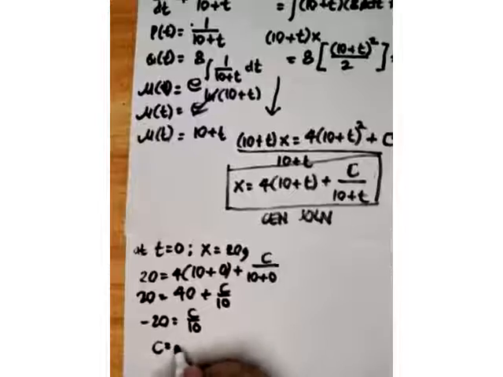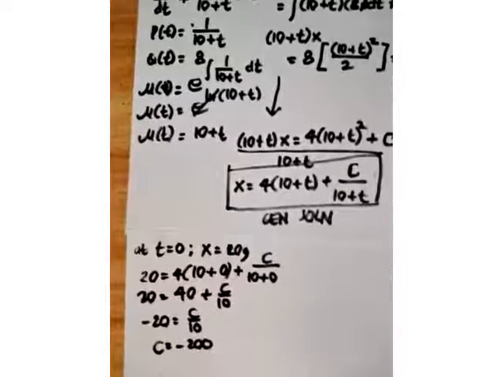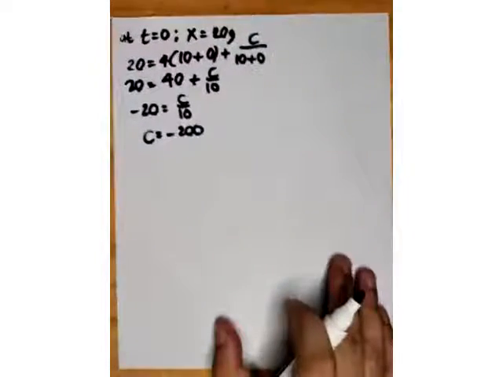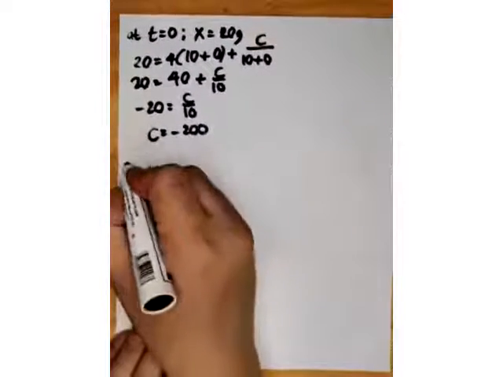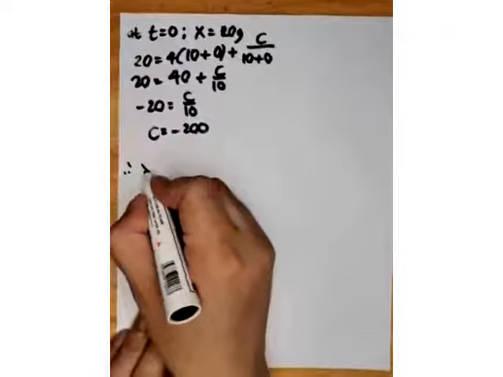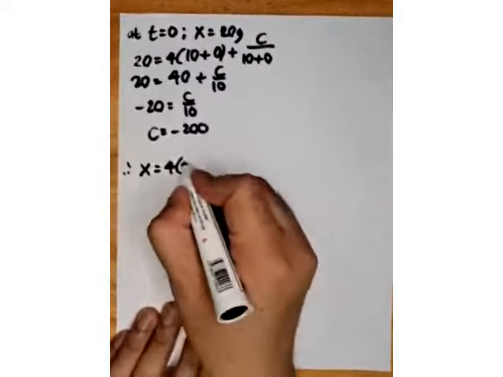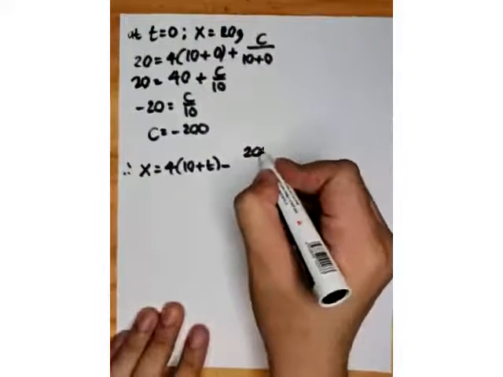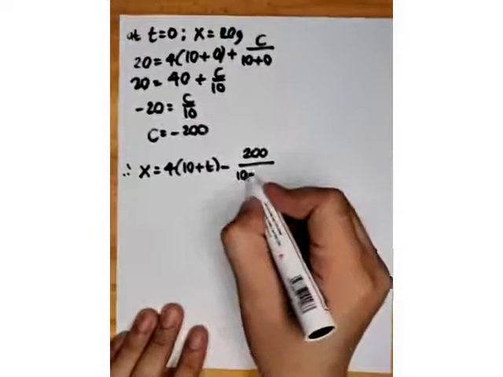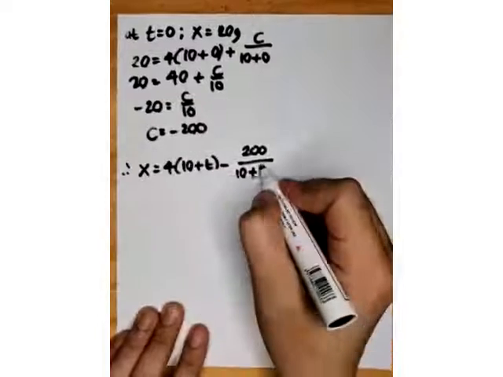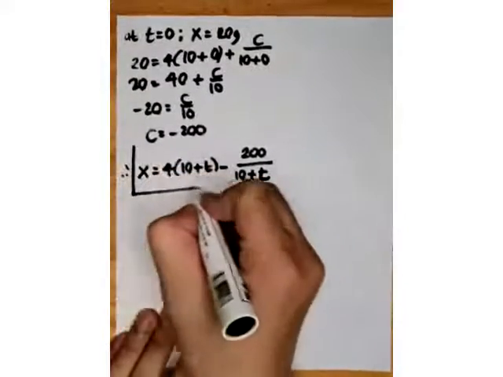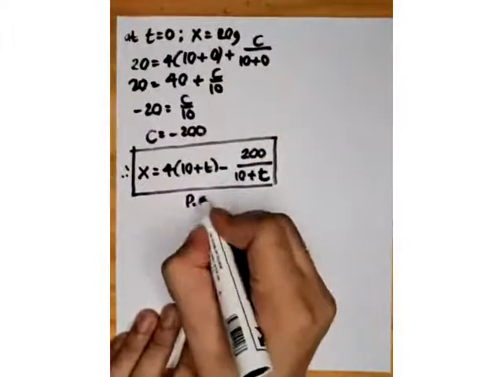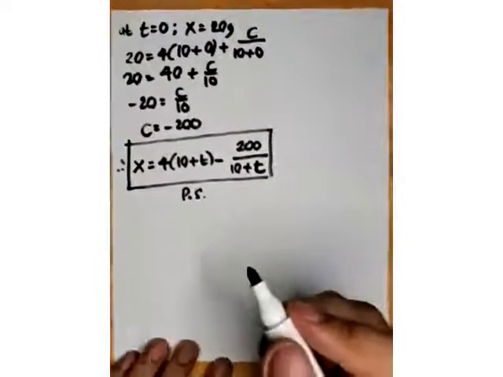So c is negative 200. Ayan. C is negative 200. So therefore, our equation is x is equal to 4 times 10 plus t minus 200 over 10 plus t. So this is our particular solution, okay, for this problem.